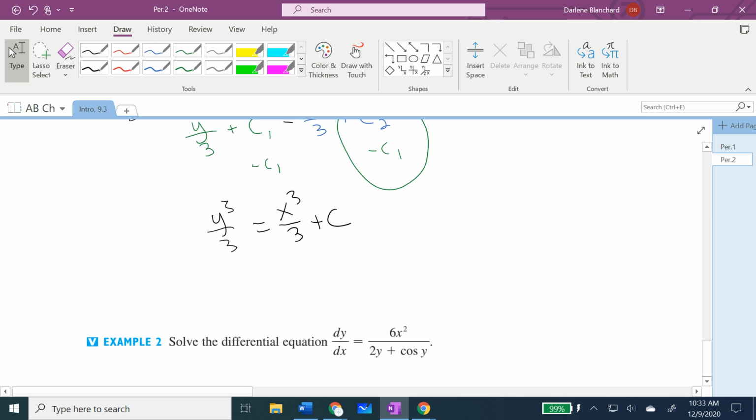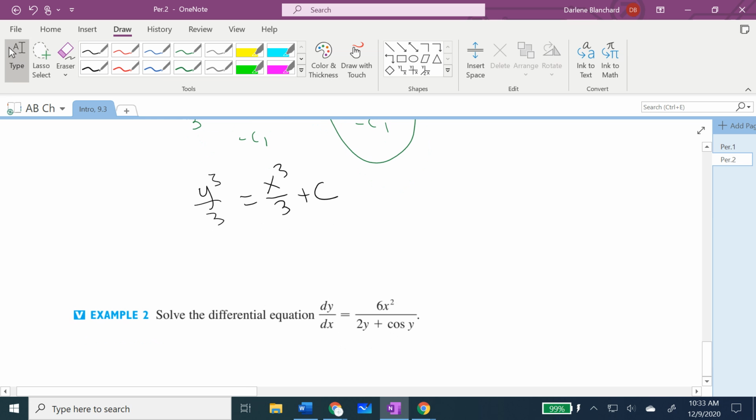Ooh, and do you want to see even more fun stuff? Because if I multiply both sides by 3, if c is an unknown constant, what is 3c? An unknown constant.